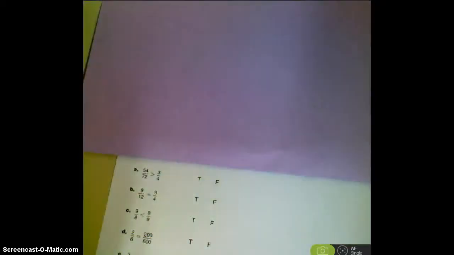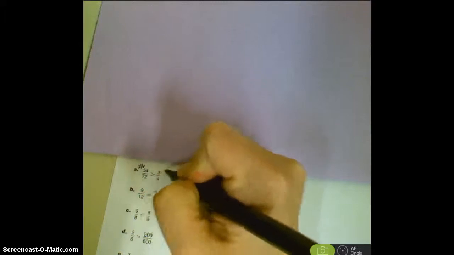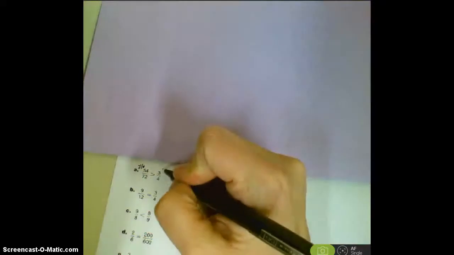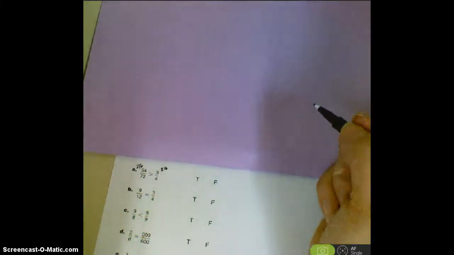With my calculator, I can do 54 times 4, or 4 times 54, and I get 216. And then I'm going to go the other way, 72 times 3, and I get 216. Well, what do you know? These two are actually equal. No wonder they're super close.